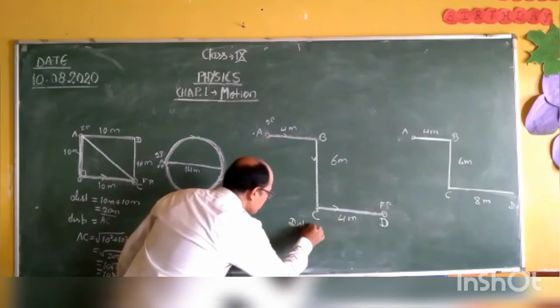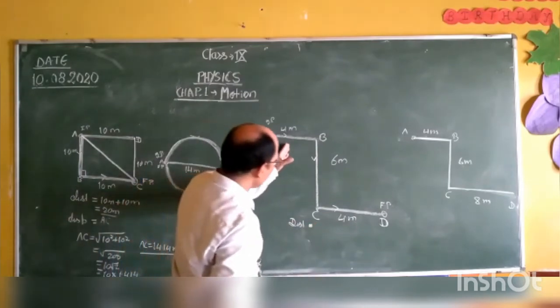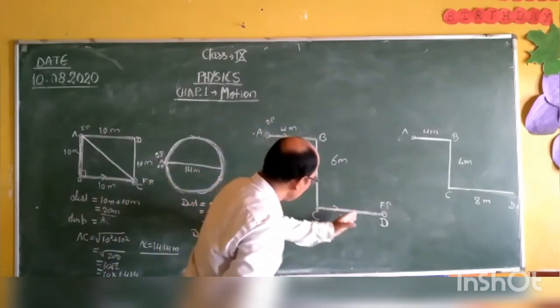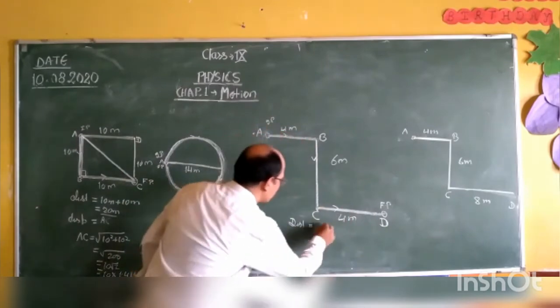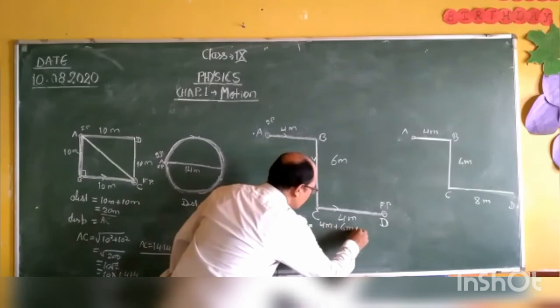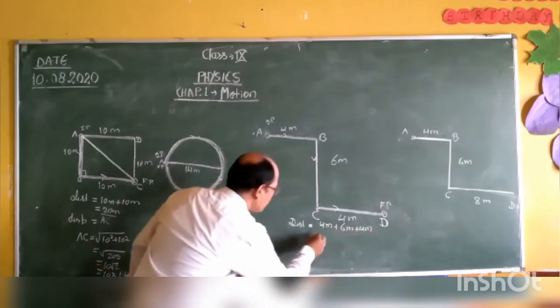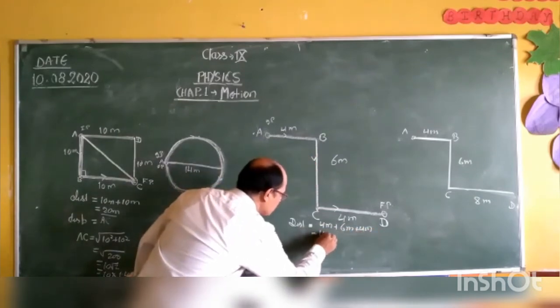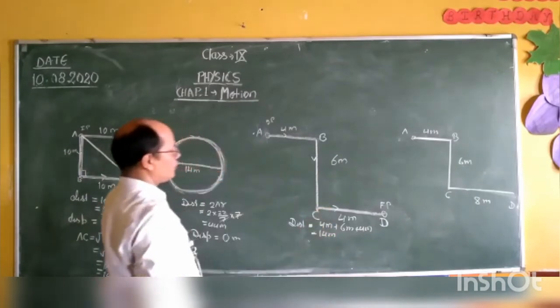Distance will be 4 meter plus 6 meter plus 4 meter. It is the total length covered. Then it will be 14 meter.